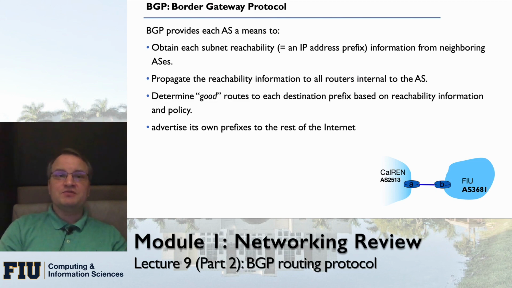I already mentioned the BGP protocol a couple of times, so let me now define what it is. BGP is the Border Gateway Protocol and is designed for inter-domain routing, so it is between different domains or different autonomous systems. A core concept is this so-called autonomous system, and it is nothing special. It is just some kind of administrative entity.